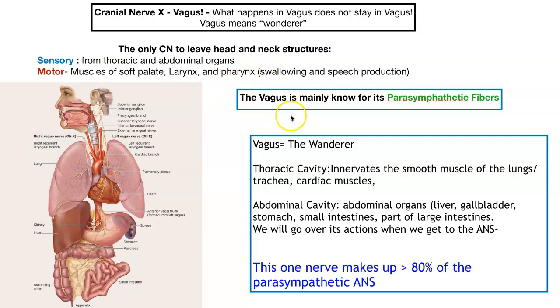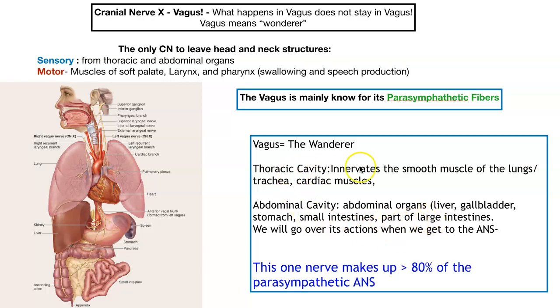But the main thing that vagus is known for is its parasympathetic fibers. The vagus nerve is innervating the smooth muscles of the lungs, trachea, cardiac muscles in the thoracic cavity. Then it's going to wander down into the abdominal cavity and innervate parasympathetic fiber innervation to the liver, gallbladder, stomach, all of the small intestines, and part of the large intestines.